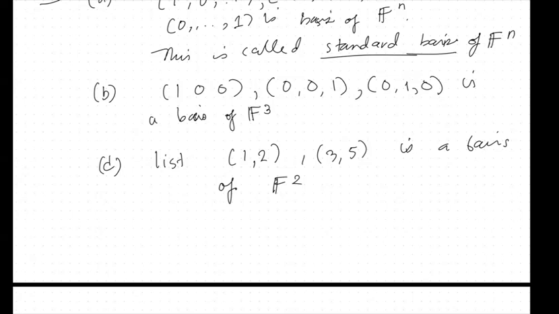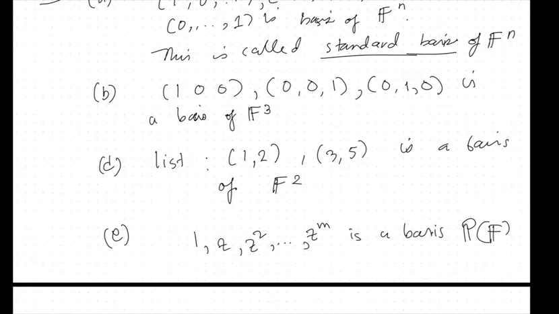All right. So let me have the list 1, z, z squared, and then up to z to the m, is a basis for our polynomials over F of degree at most m. Recall this example from last time.